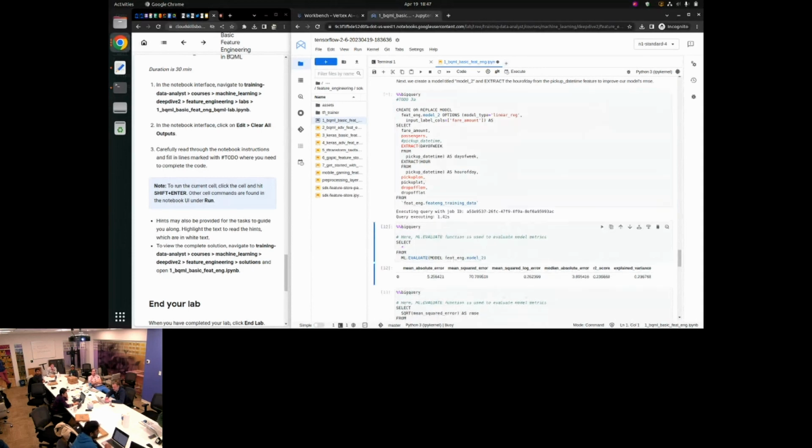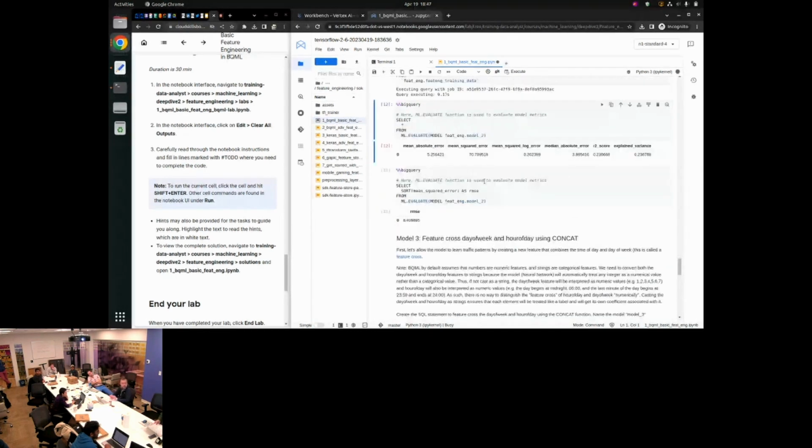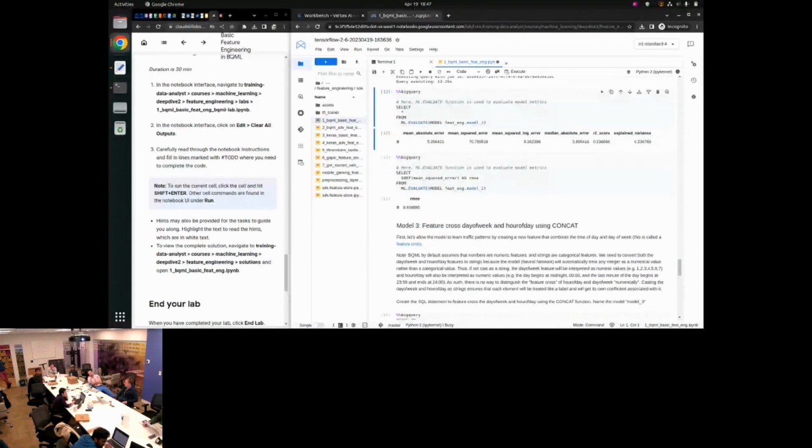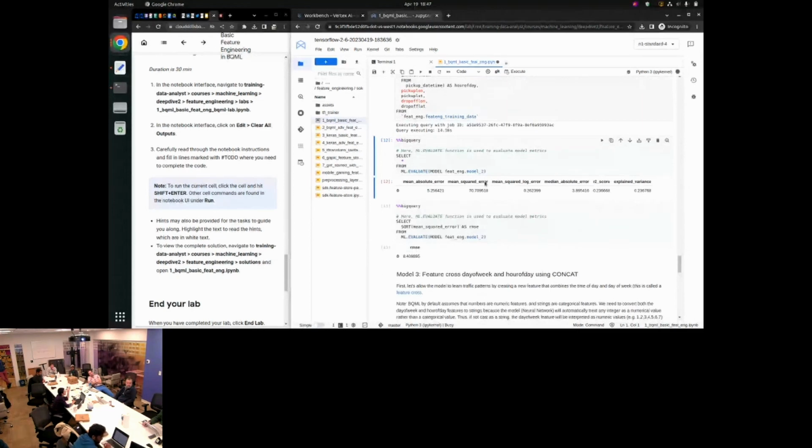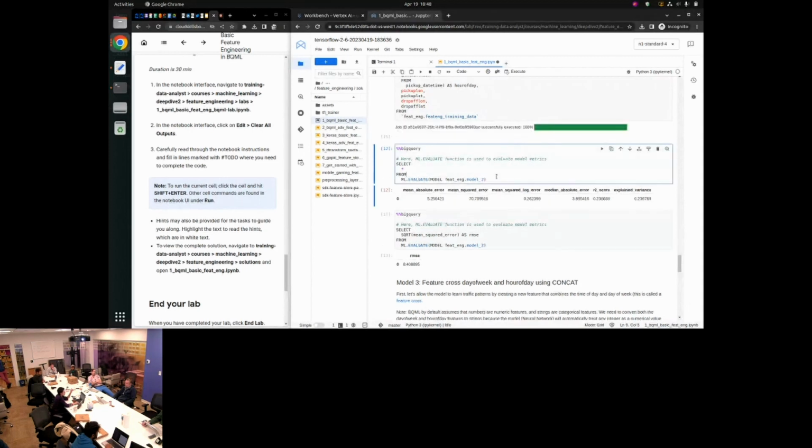Make a big difference, I hope. The difference that we are hoping for is because if we are just looking into the pickup time, it carries the information about the hour and the day both. But when we are just looking at one of them, we don't have all of the picture.